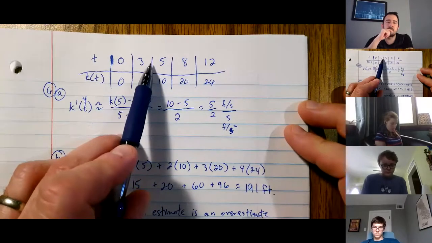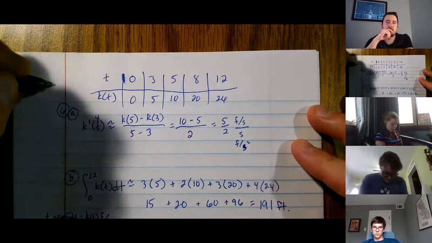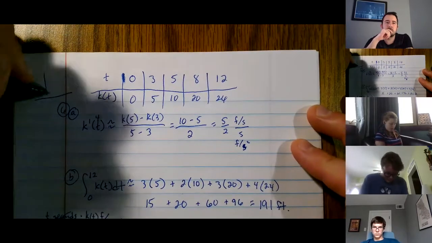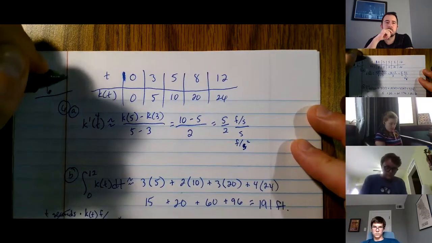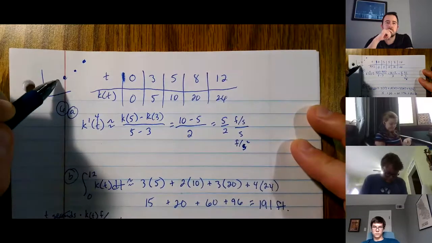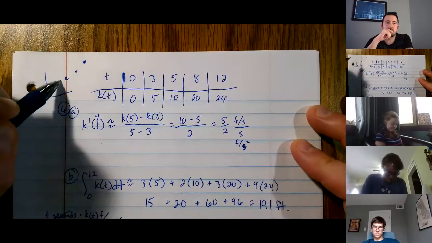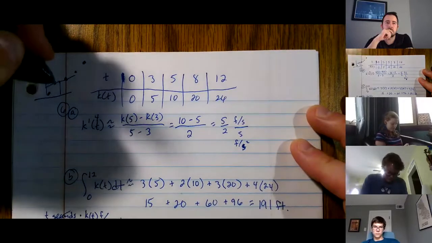The way that I think about it is I only have these points, a point here, a point here, a point here, a point here, and a point here. Let's say I want to estimate the slope right here. The only way that I can do that is by taking the slope between the two neighboring points.